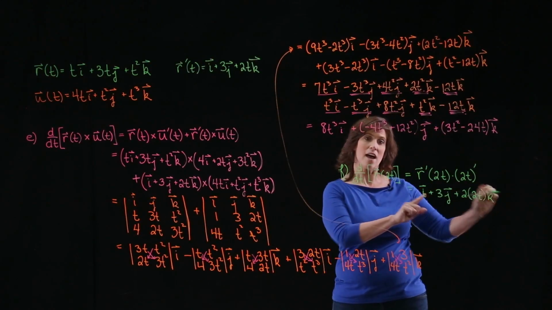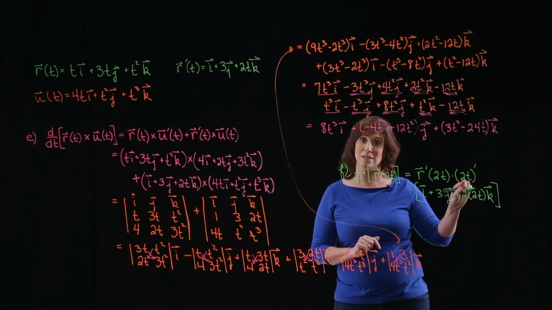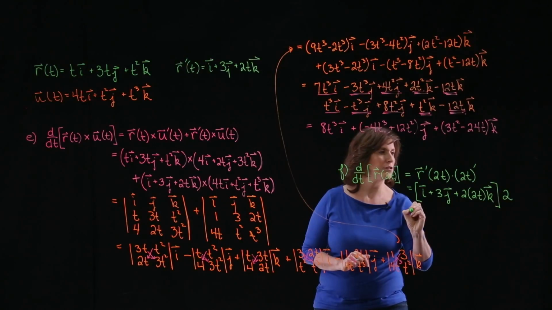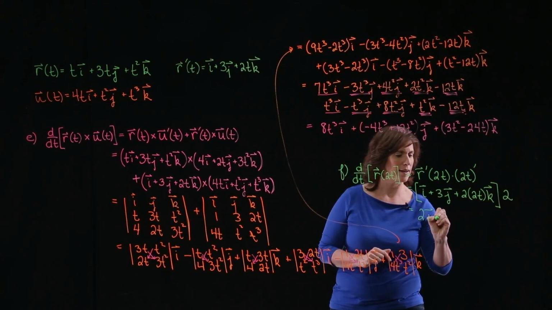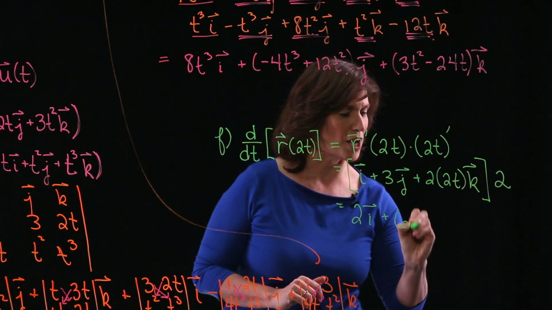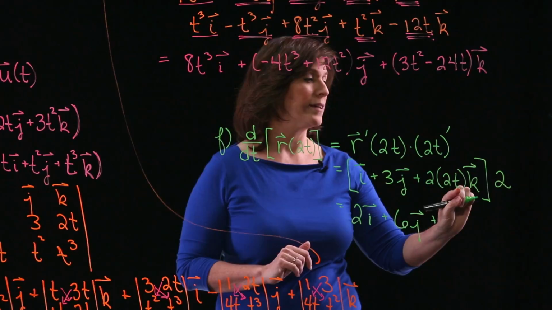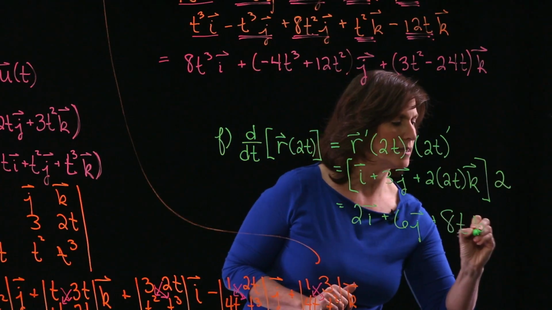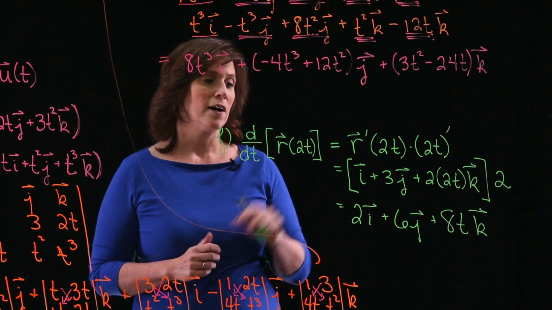And then this entire vector gets multiplied by the derivative of 2t, which is simply 2. So distributing the 2 across, I have a 2i plus a 6j plus 2 times 2 is 4 times t times 2 will be an 8t times vector k. And now I have the derivative of r of 2t.